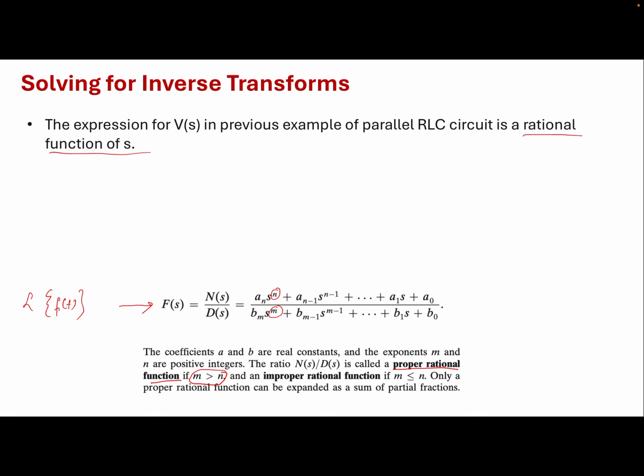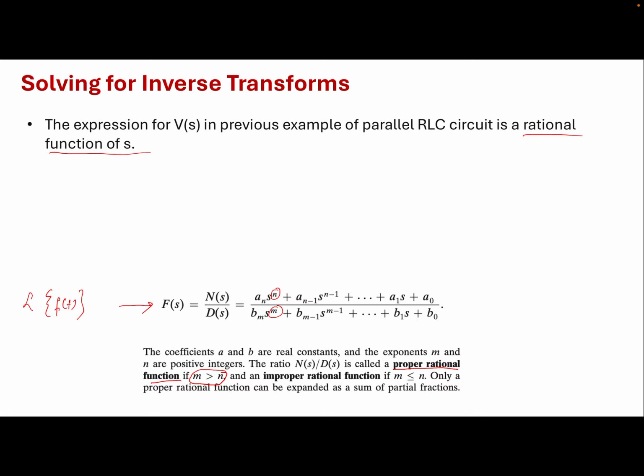The previous example was a proper rational fraction because the expression that we got was in the numerator we did not have any s variable, so s power was 0, and in the denominator the maximum power we got a quadratic equation, so it was s power 2, so that was a proper rational fraction. Most of the things that we are going to do in the circuits, they will be rational fractions or proper rational fractions.